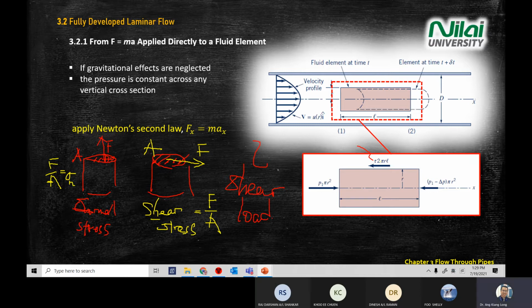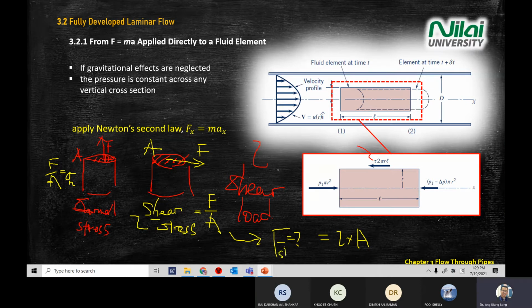Now, if you have a shear loading on the surface here, how do you convert shear stress into force? You take shear stress times area. Using the equation shear stress equals force divided by area, you convert shear stress back to force.